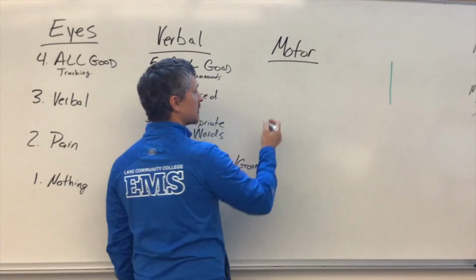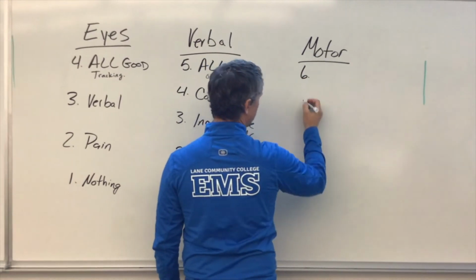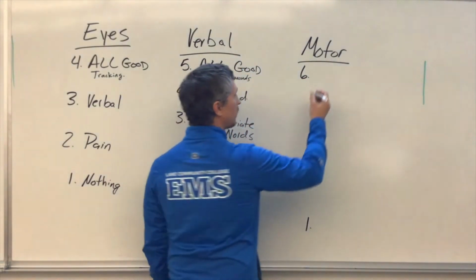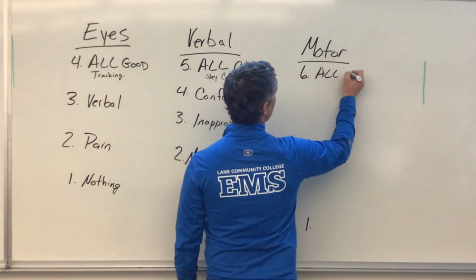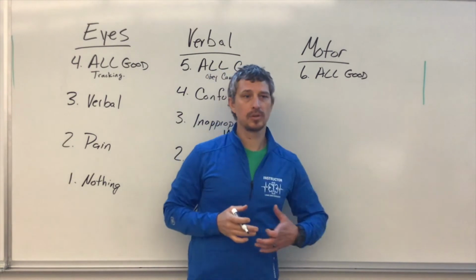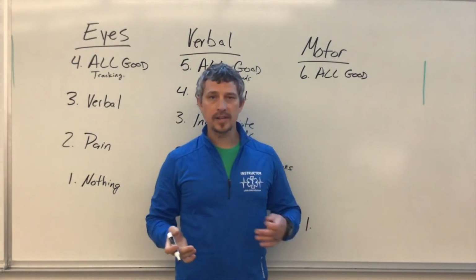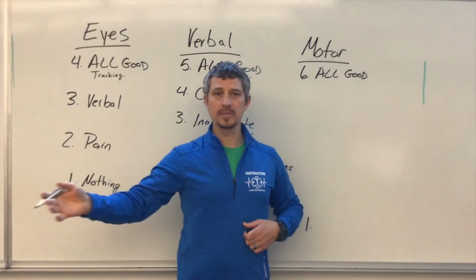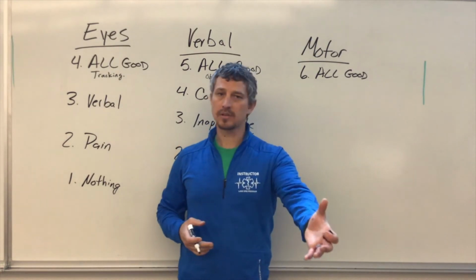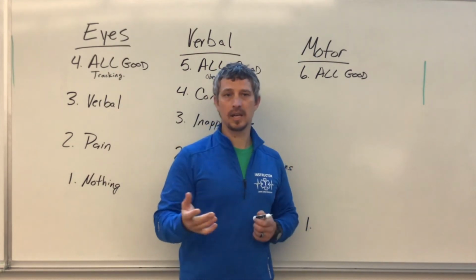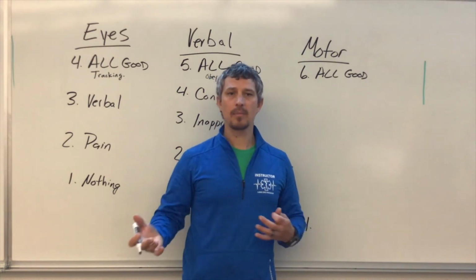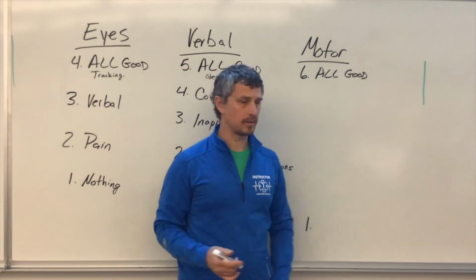Our motor has 6 possibilities, 6 and 1. Again, our 6 at the top is all good. Our patient is able to follow our directions, is able to move their limbs in the appropriate manner, can reach out to shake your hand, can reach out to give you their radial pulse, whatever it is, their motor is all good.